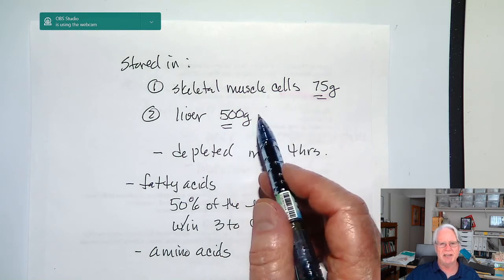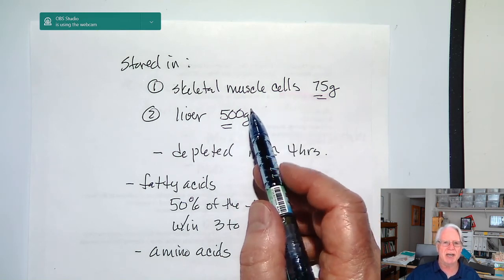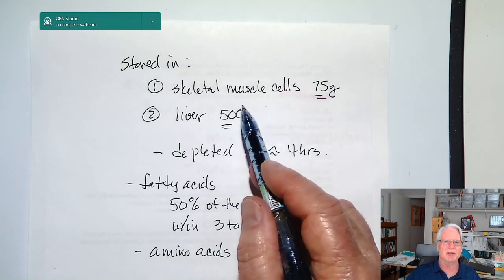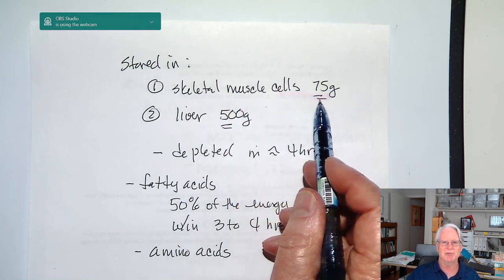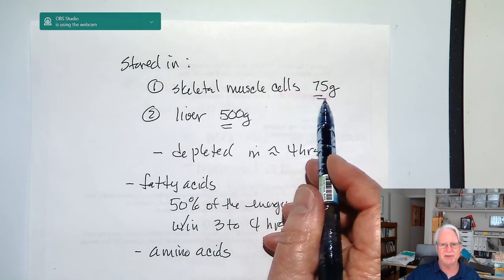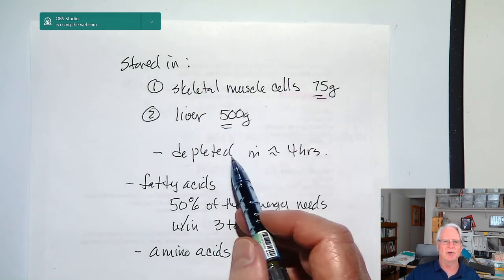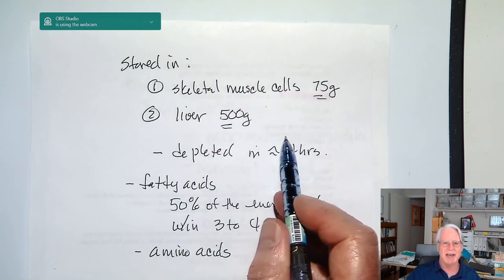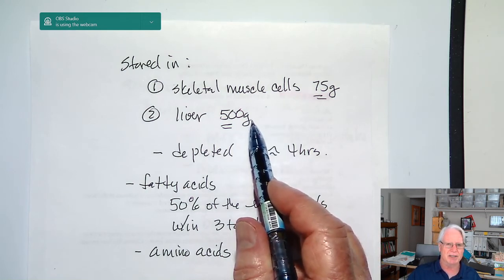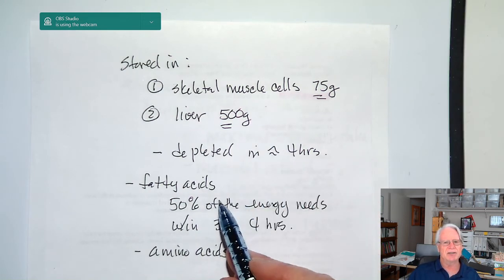Okay? And as we've outlined here, you have a ready, very quick source in glycogen stored in skeletal muscle cells, around 75 grams, and another about 500 grams in the liver. But even after 4 hours of continuous work, that is generally depleted. And then you start turning to your fatty acids as a secondary energy source.